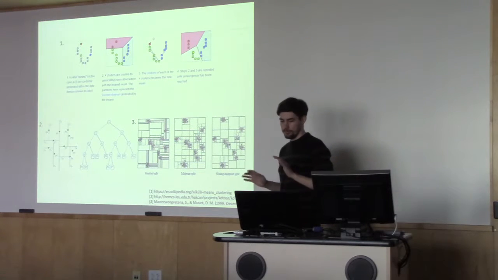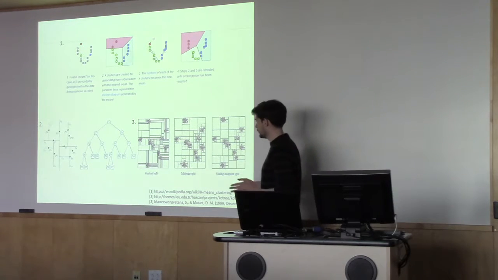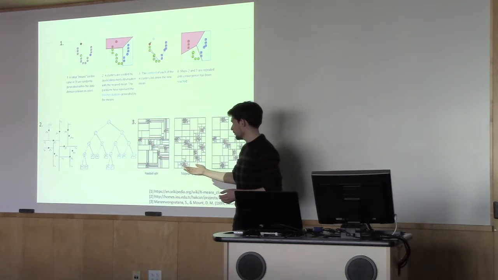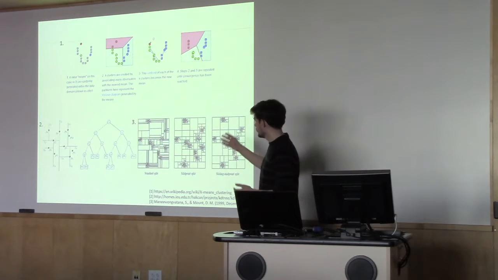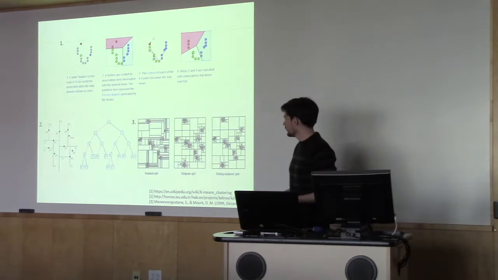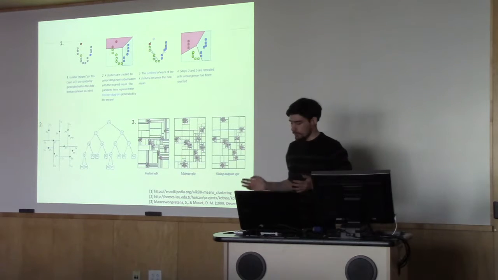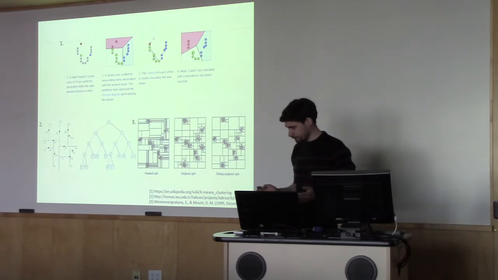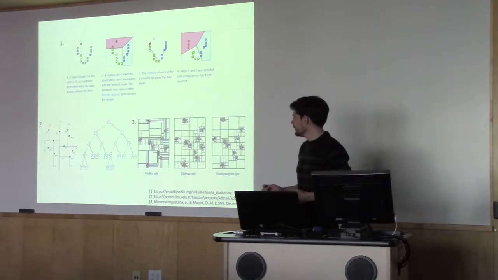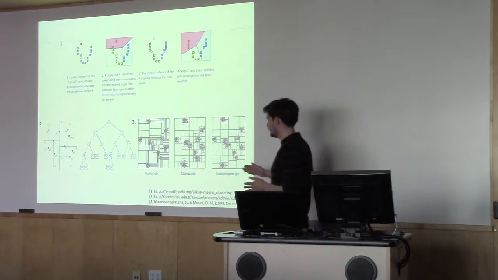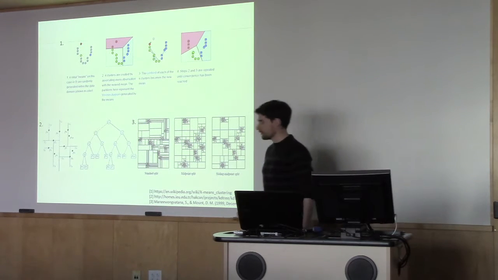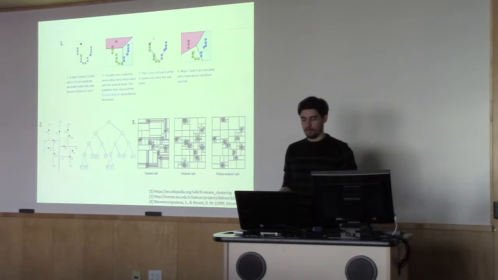So the main challenge in this is that when we use this KD tree data structure, we lose the inherent parallelism that we have with sequential KDs. So it becomes more challenging to distribute all the points to all the processors.